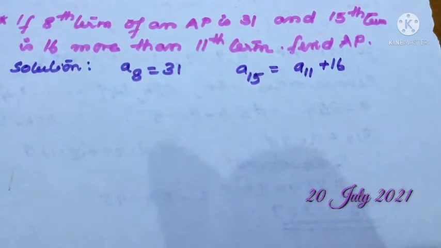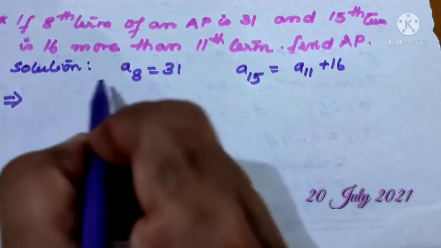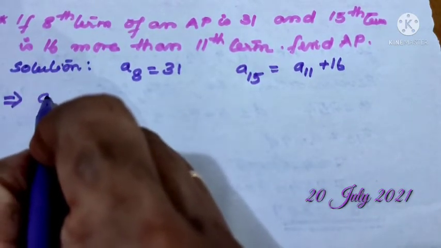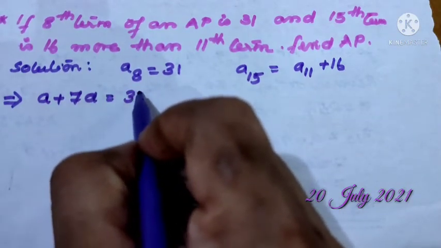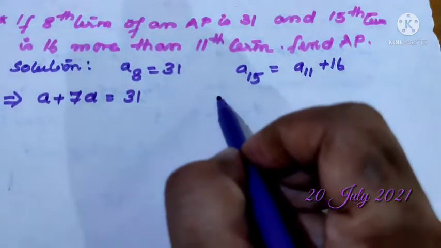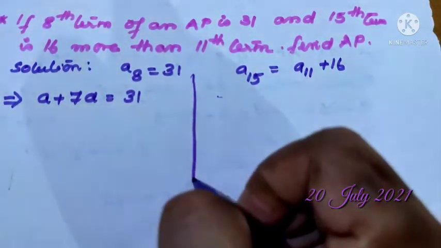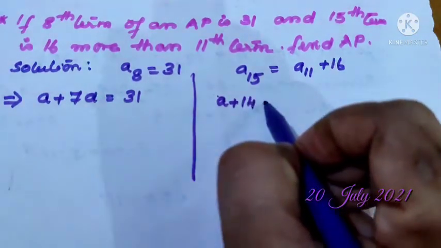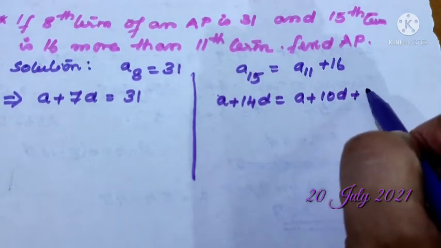For this type of question, we must know the nth term thoroughly. What is the nth term formula? A plus n minus 1 into d only. So when we are saying that A8 is 31, we can directly write A plus 7d equal to 31. Now A15 means A plus 14d equal to A11, which is A plus 10d, plus 16.